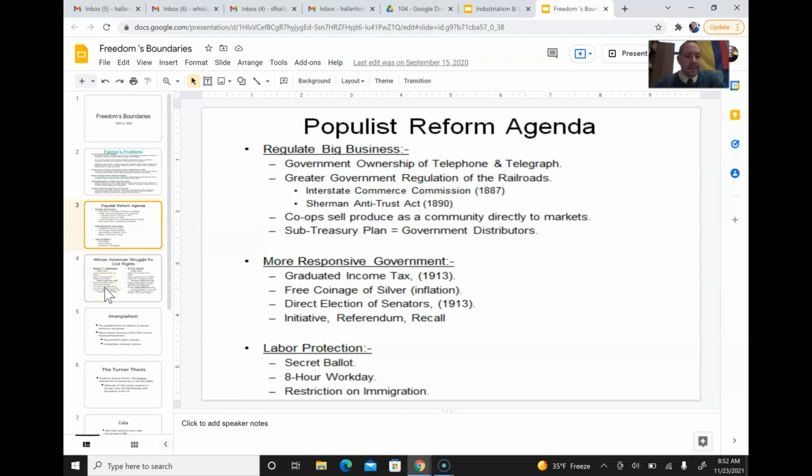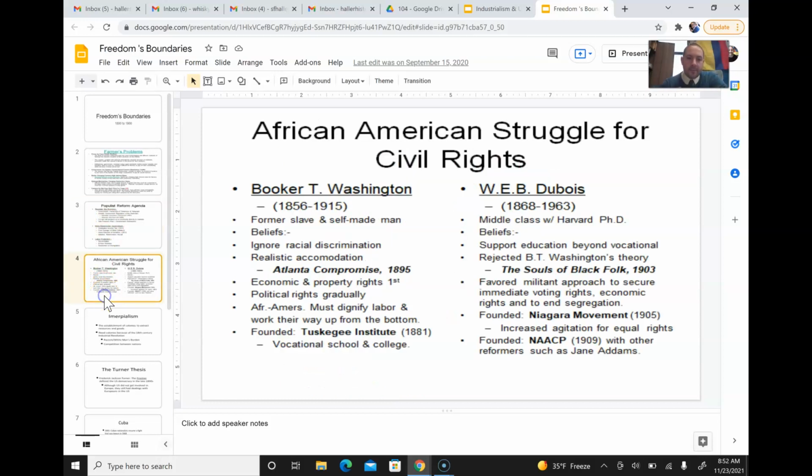One of the other things that's going to be a predominant issue here is the issues of African Americans and the experiences that they are going to have.